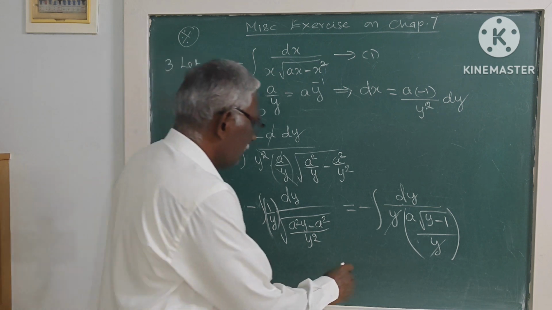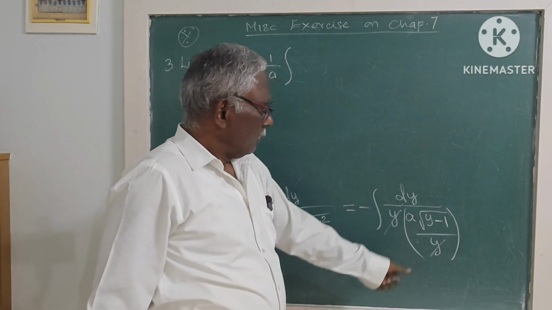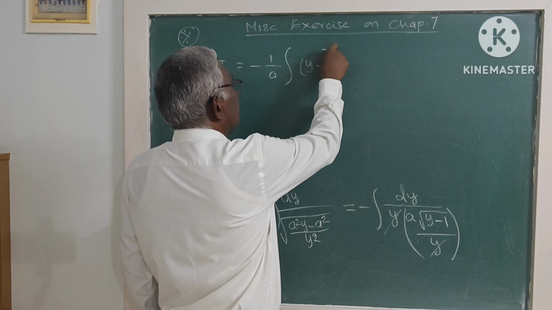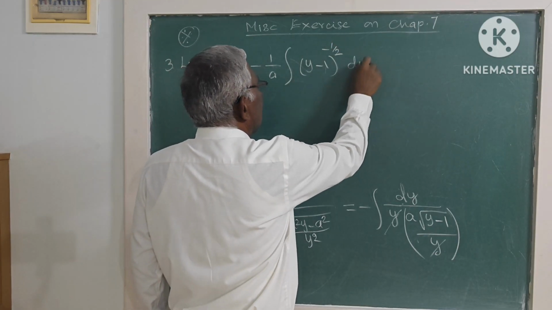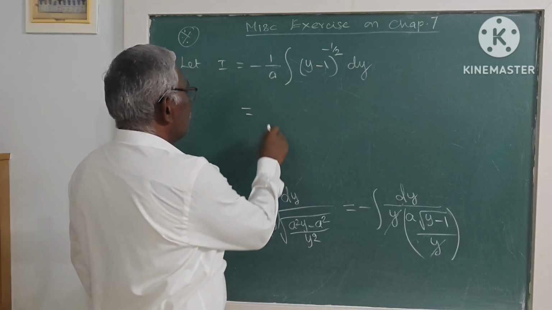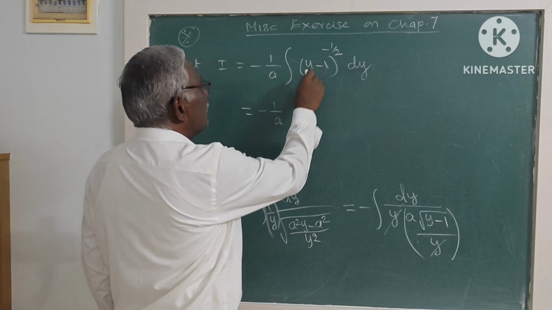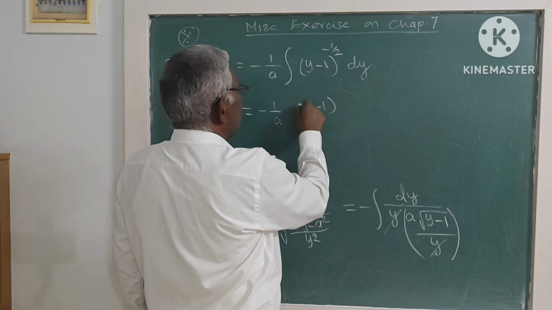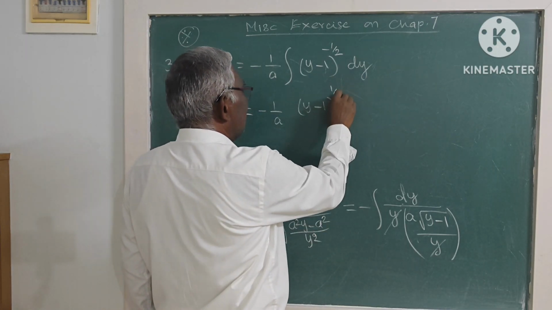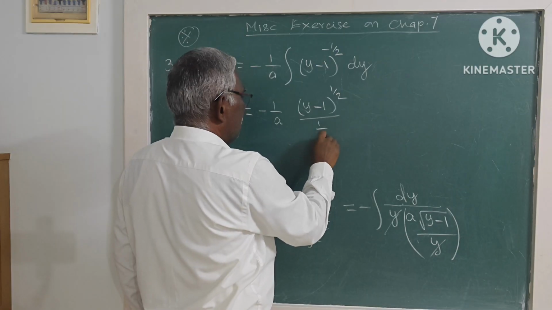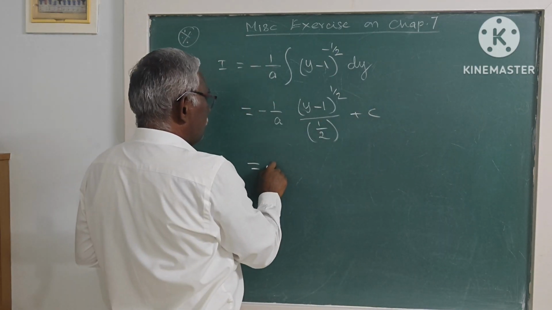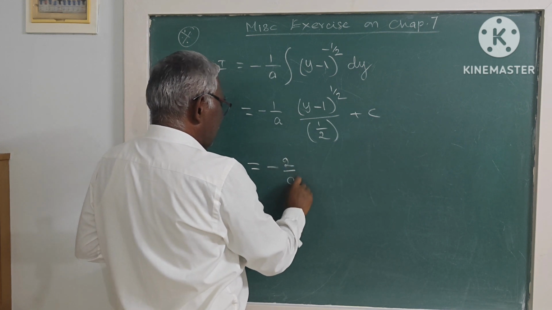So finally (y minus 1) power minus half. So on integrating we get minus 1 by a, (y minus 1) power minus half plus 1, by half, plus constant. Half goes to the numerator, so minus 2 by a.